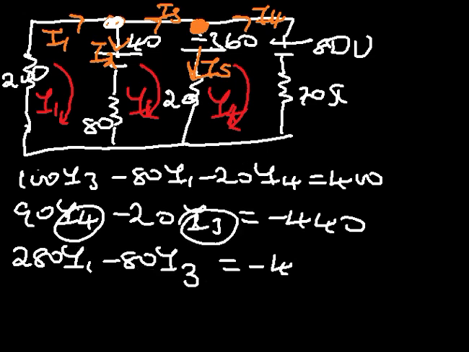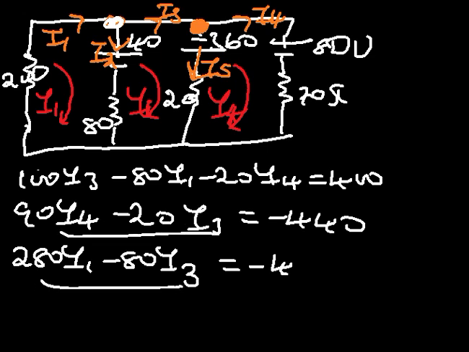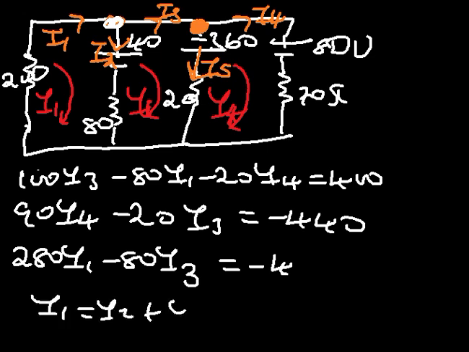Afterwards you'll be able to get the value of I1 using the same equation, or whichever equation will give you I1. From there you can substitute I1, I4, I3 into these equations, that is I1 equals I2 plus I3, and I3 equals I4 plus I5.